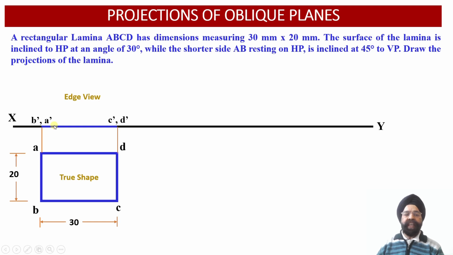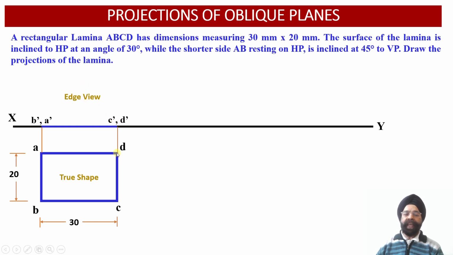Now this 30 millimeter length of the front view projection, we have to incline into this orientation. Why in this orientation? Because we know that the rectangular lamina is resting on the ground with respect to its shorter edge. So this is the shorter edge over here, right? Otherwise, if this edge was not provided to us as AB, we could have tilted it like this also.